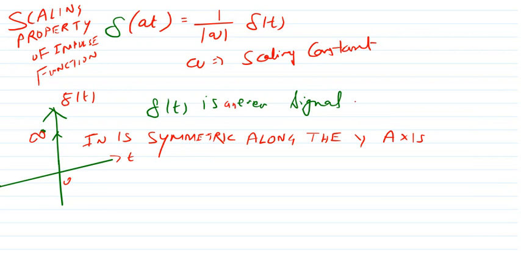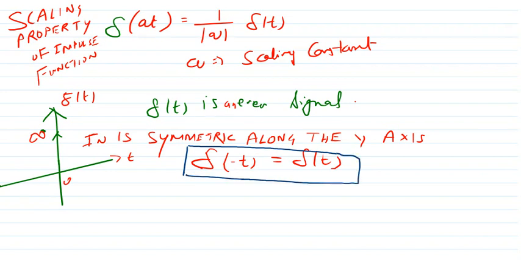So if it is an even signal, then del minus t should be equal to del t. Because what is the property of an even signal?